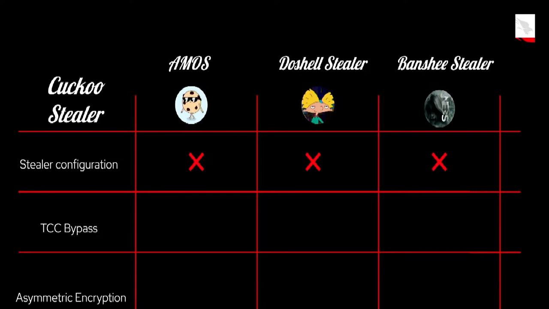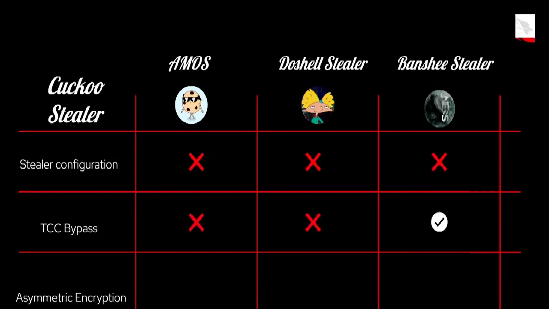Now, stealers sold on public forums, they advertise their features, and they tend to compete with each other, these operators, and they claim that they can offer similar features or capabilities. So something like Cuckoo, which is likely operated privately in a closed group, the public operators do not have access to that information and may not even need or realize the need for building such a capability like a configuration.